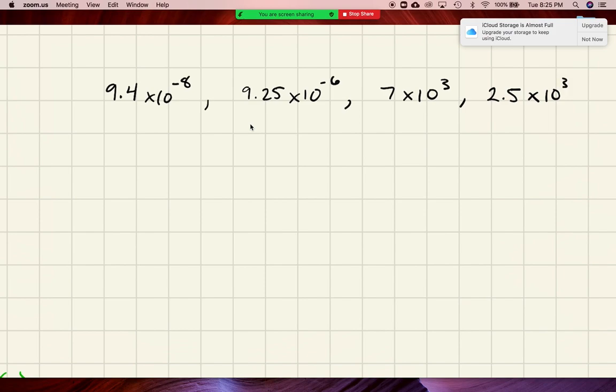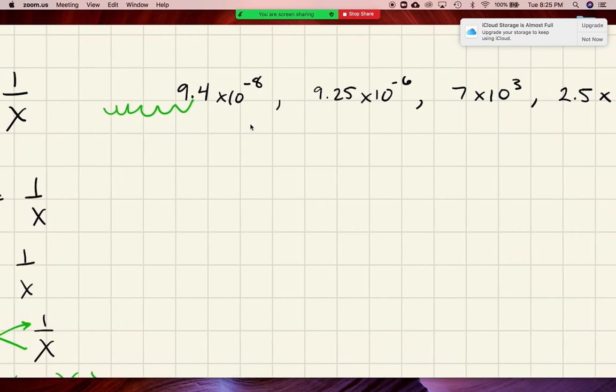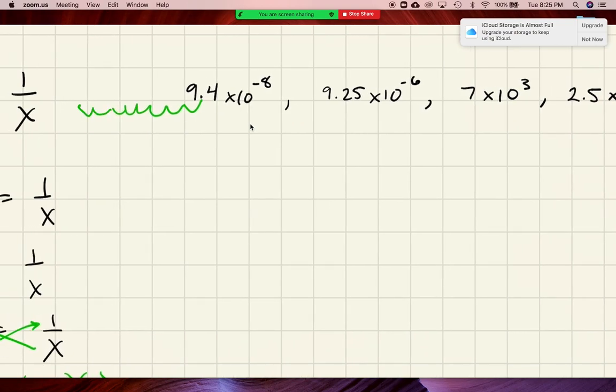So these ones are in the correct order, but just to write it out, the -8 means, so it's already in scientific notation form. To make it regular, you would move the decimal to the left because it's negative, and that's what it means. So 1, 2, 3, 4, 5, 6, 7, 8.